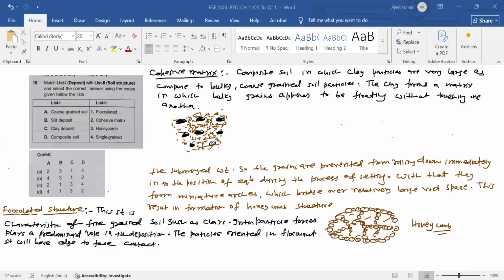And the coarse grained skeleton looks like this. This is clay matrix, and the coarse grained skeleton will touch one another.